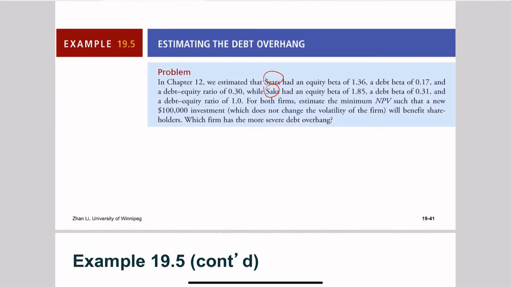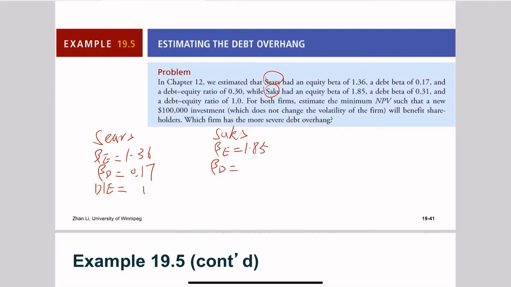For Sears, its equity beta is 1.36 and debt beta is 0.17 and debt equity ratio is 1. And for Saks Fifth Avenue, its equity beta is 1.85 and its debt beta is 0.31 and its debt equity ratio is 1.